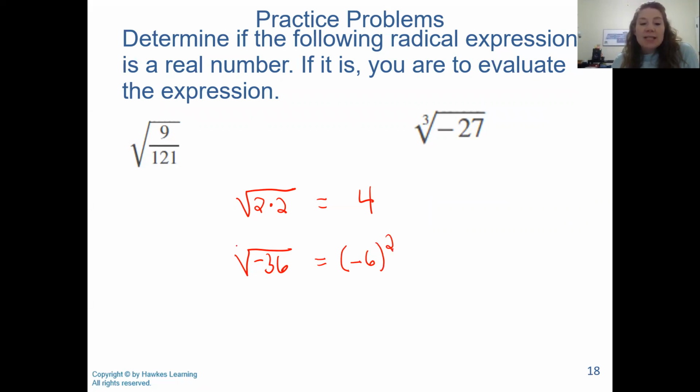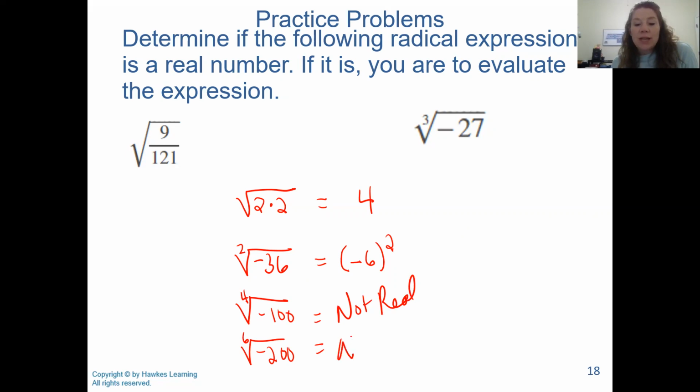So if you have a square root, or even a 4th root, or even a 6th root of a negative number, that's impossible. It's not real, because every time you multiply 2 negative numbers, you get a positive. So basically, if this is even, you cannot get a negative number.